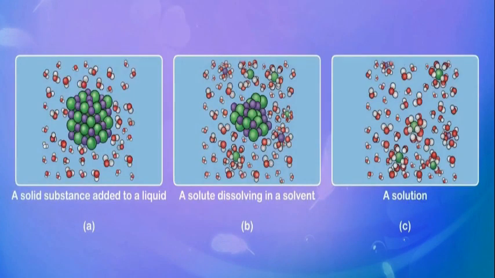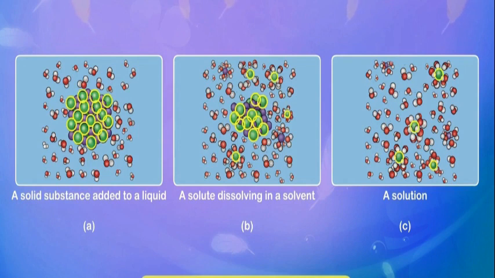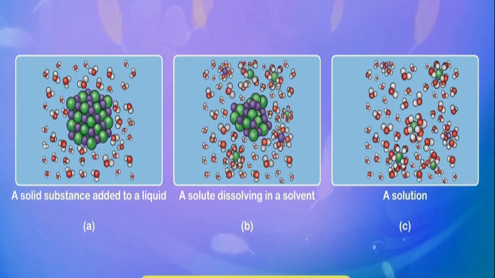Let us understand what happens when a soluble or insoluble substance is mixed in water. In the given diagrams, the green and purple particles represent the solid substance that is being mixed into the liquid, represented by white and red particles.